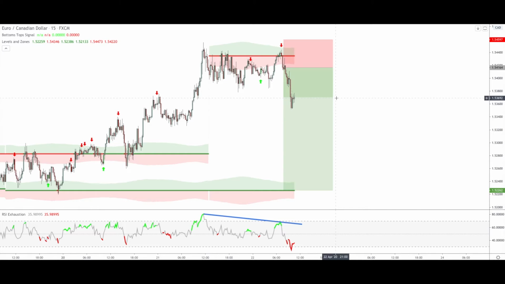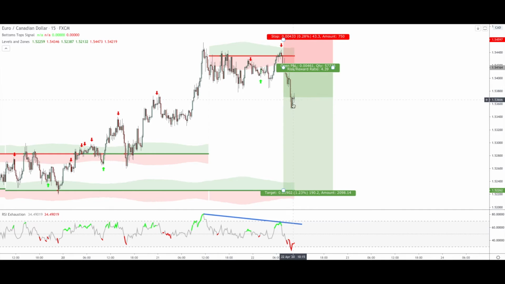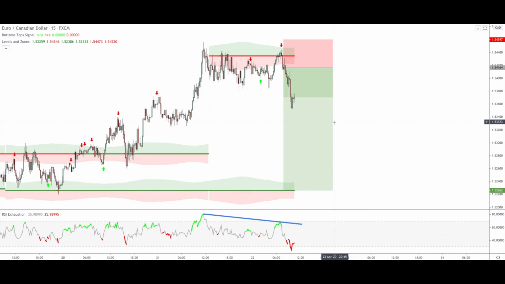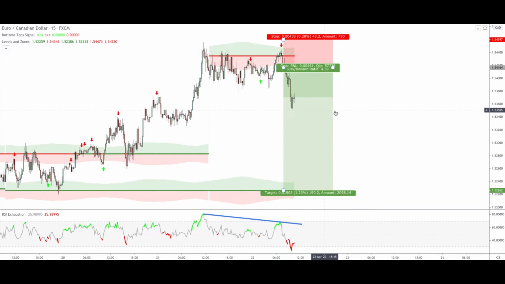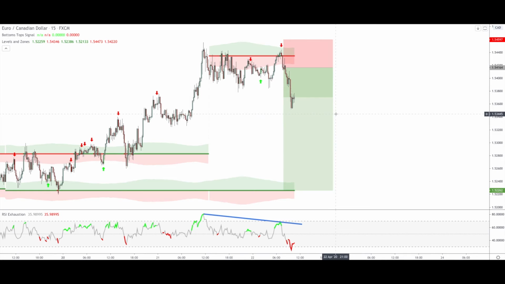So the price is moving pretty fast and it's falling, it has already fallen quite significantly. Not halfway to the target, but I mean it was almost halfway to the target.